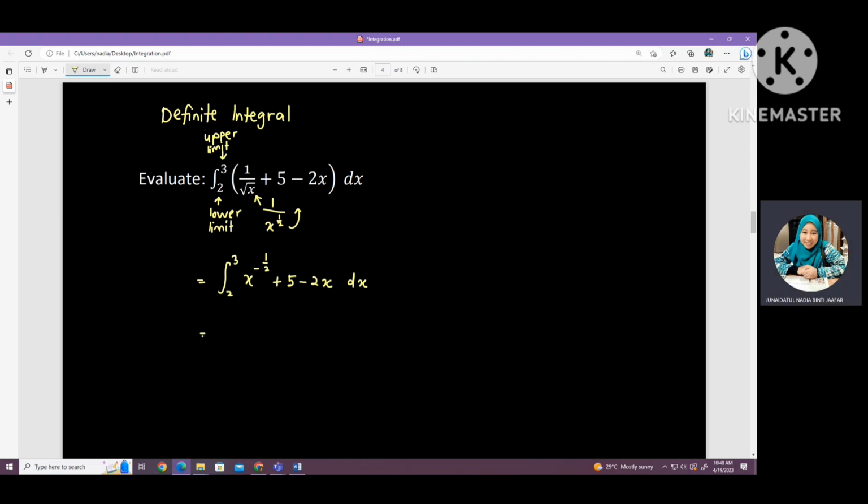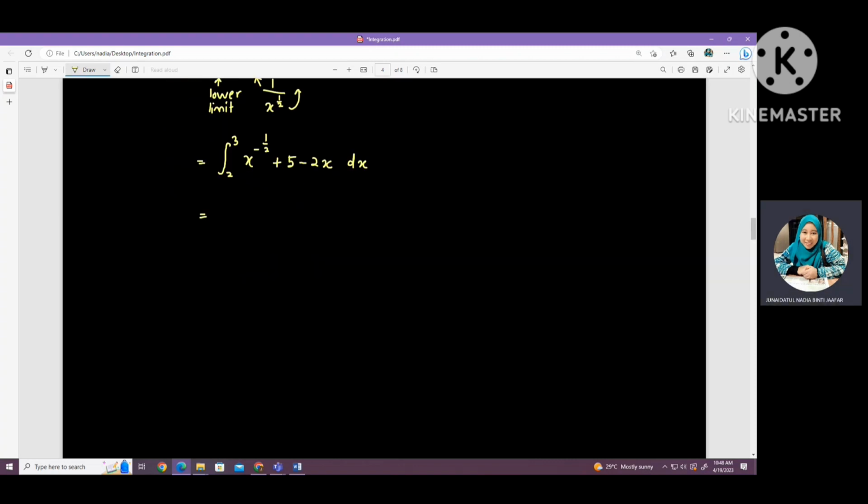Okay, so next step, we can integrate this function. So x to the power of negative half, we will get x to the power of negative 1 over 2, and then the power is increased by 1 unit. So negative 1 over 2 plus 1, and then divided by the new power. So negative half plus 1 is equal to positive 1 over 2.